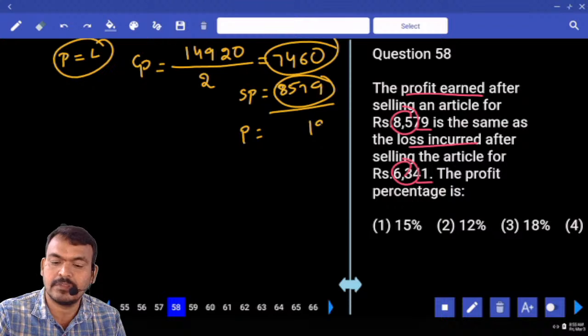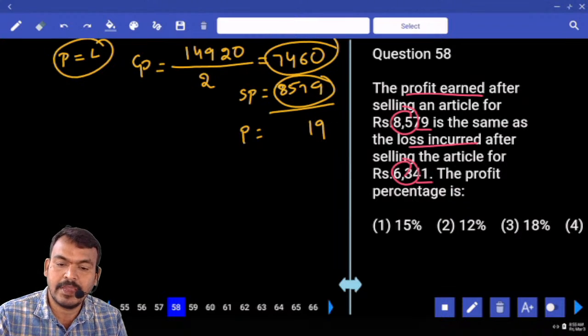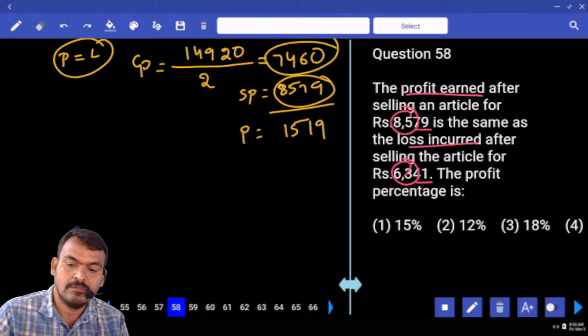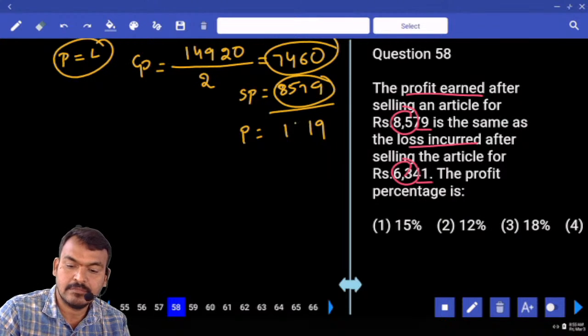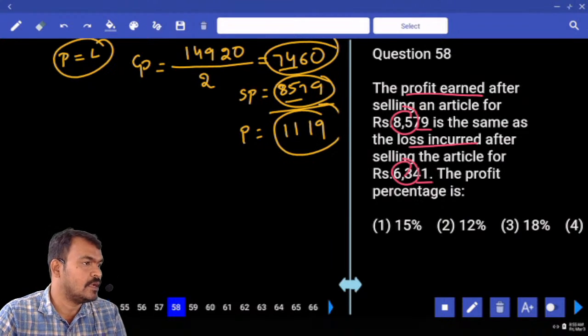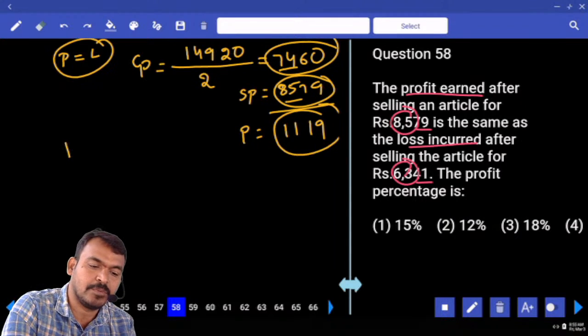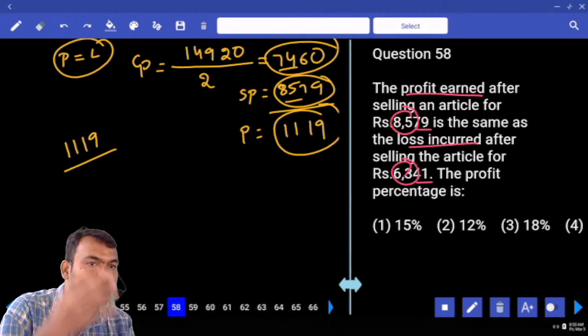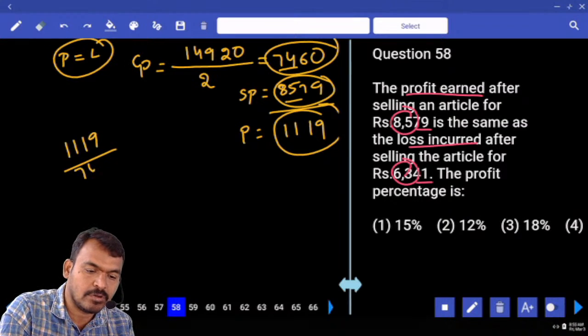79 and 60, difference 19. 85 and 74, difference 15 or 11? 11. 85 and 74 difference is how much? 11. So 1119. It is the profit value, but we require profit percent. 1119 upon which one? 7460 into 100.